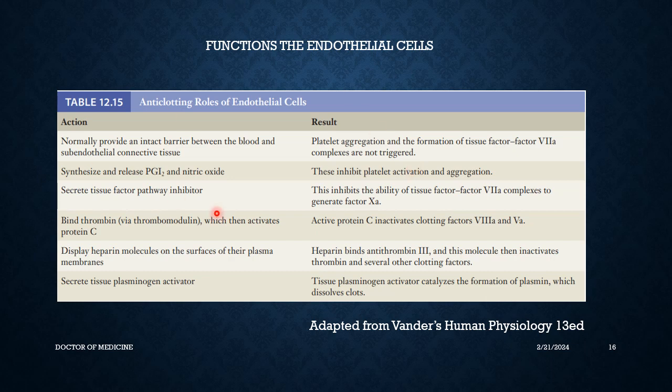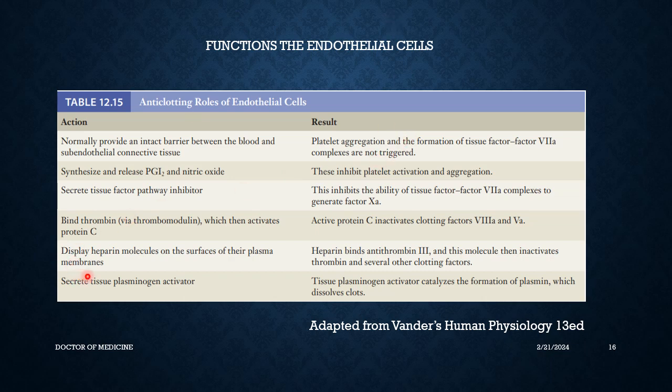The endothelial cells are also responsible for binding thrombin, okay, via a cell surface receptor known as thrombomodulin, which then activates protein C. Protein C will inactivate the clotting factors 8 and 5. So 8 and 5 are going to be your cofactors for factors 9 and 10 respectively.